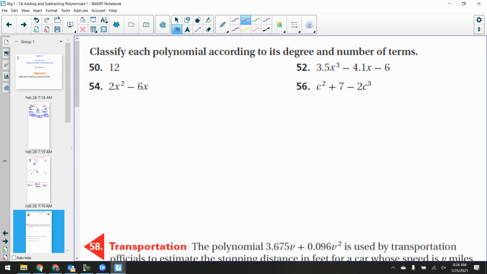We're talking about 56. What did you say? It's not 2. Three terms. So it'd be a cubic trinomial. Remember, term means anything separated by addition, subtraction sign. So cubic trinomial for that one.